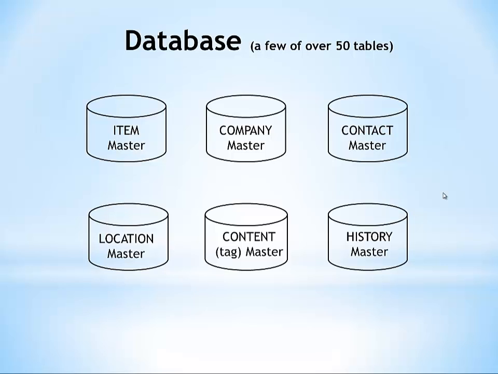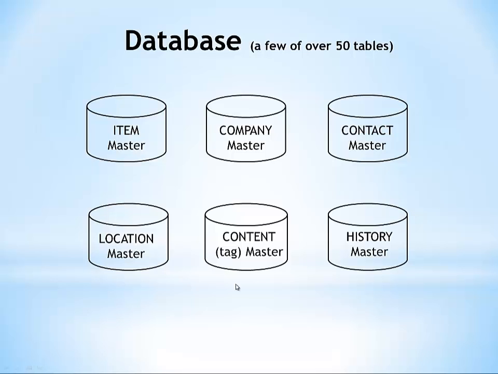In the middle, a company master just ties back to companies that are involved in or part of the tracking. There may be personnel within a company that you wish to track. On the far right in the top is the contact master, and that's really where people records are kept. And I'll show you in one of the follow-on videos examples of how that information is stored and made available.